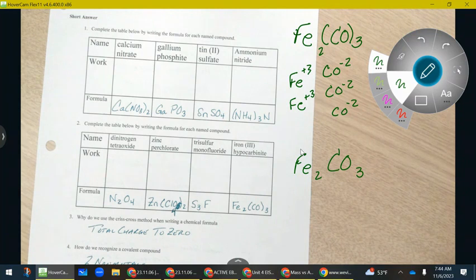That is what this compound is made up of. That is what that compound is made of. If we write it this way, Fe2CO3, that says that there is 2 Fe's, a carbon, and 3 oxygens.